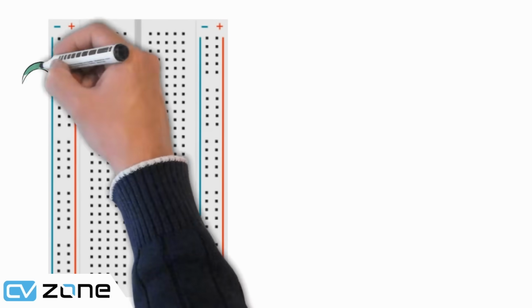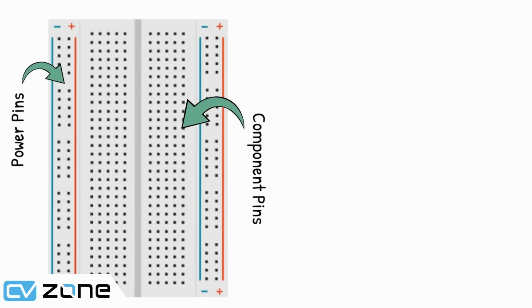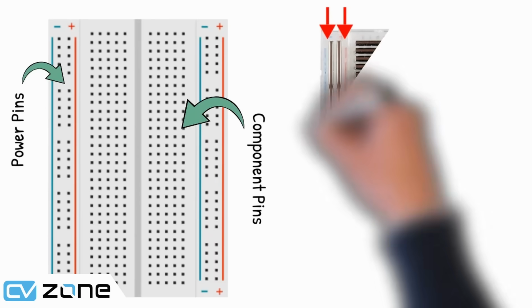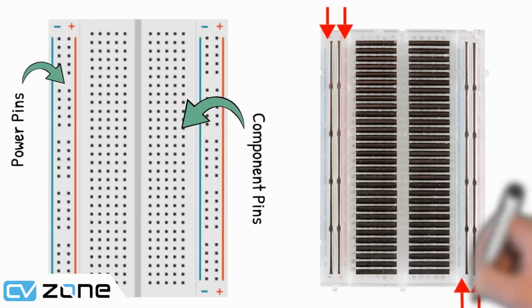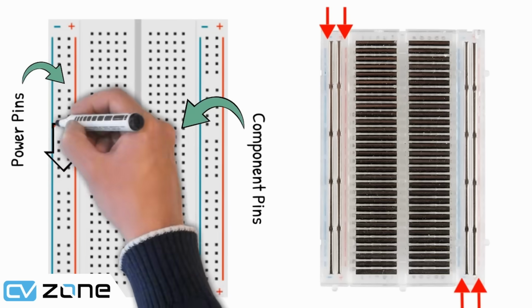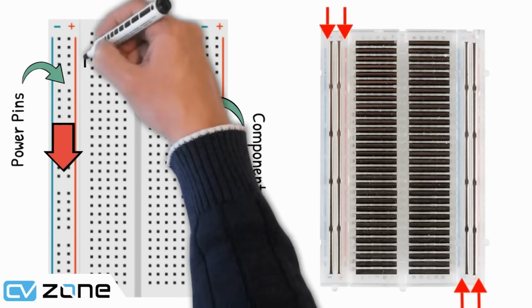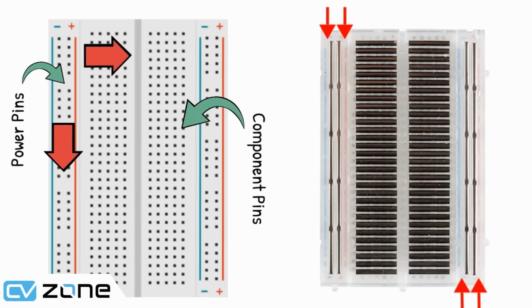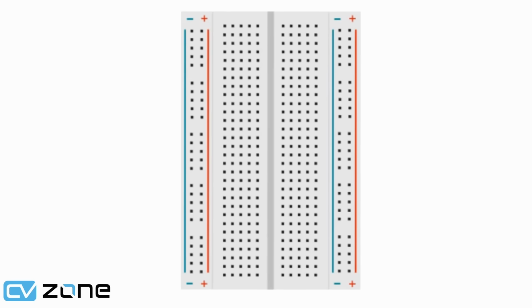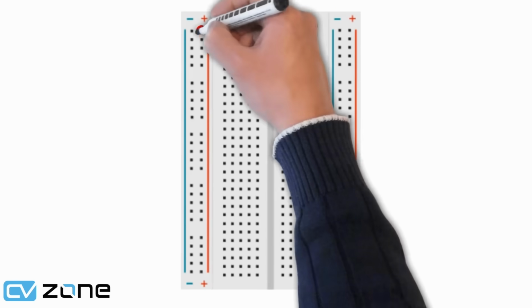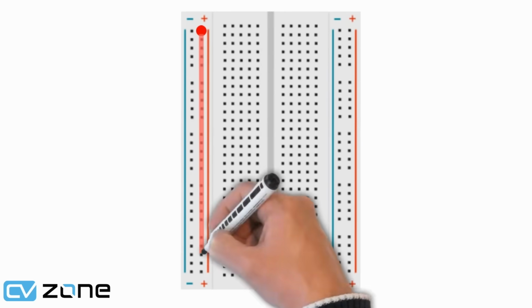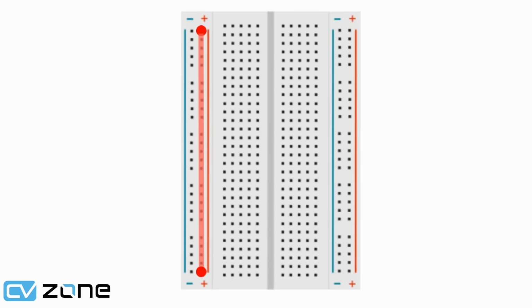So a breadboard consists of power pins and component pins. Here we can see the conductive layers inside a breadboard. The connections in the power pins are vertical, whereas the connection in the component pins are horizontal. This means that this point at the top of the breadboard is connected to the bottom of the breadboard.